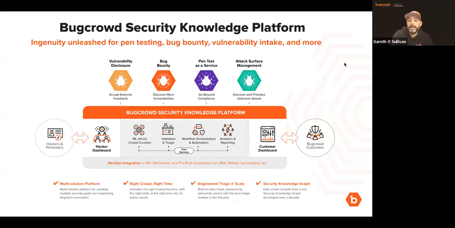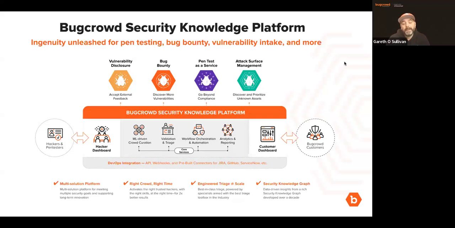We also do additional activities like attack surface management, testing, and so on as well, and discovery. All of that is managed through a centralized platform. And within that platform, we have a range of workflow integrations that we can bring to bear to help organizations manage and deal with the output from those different engagements more easily.